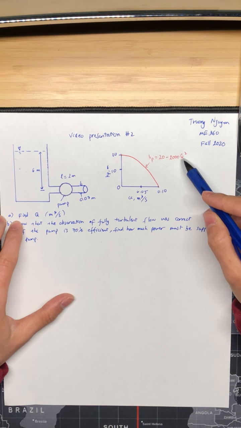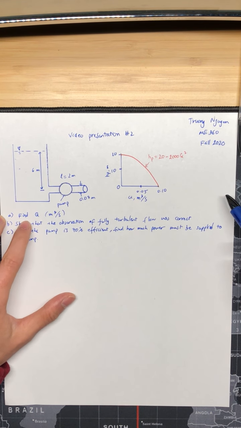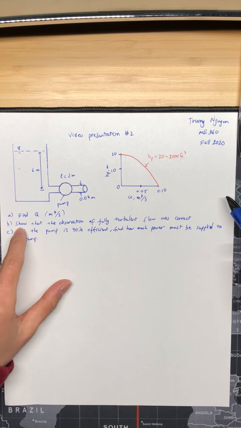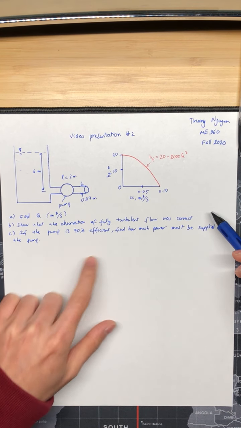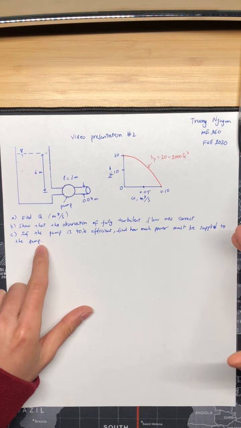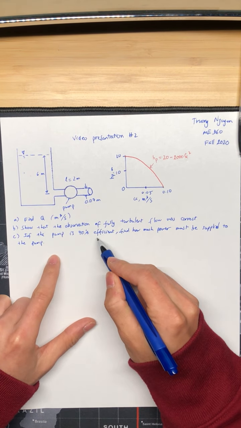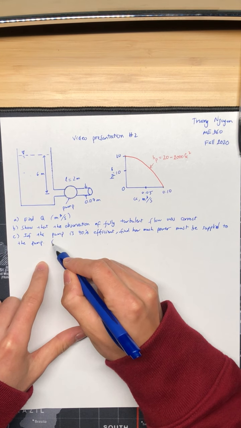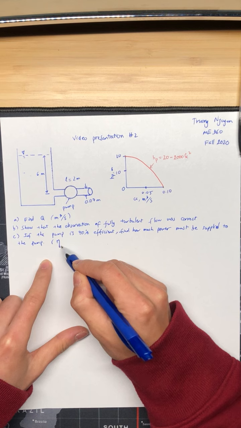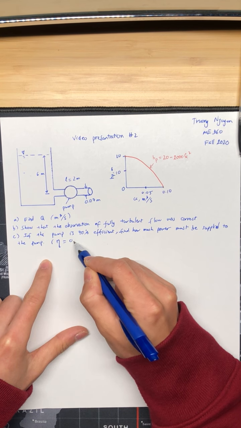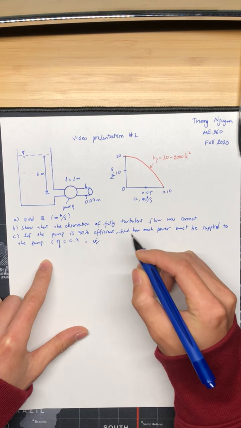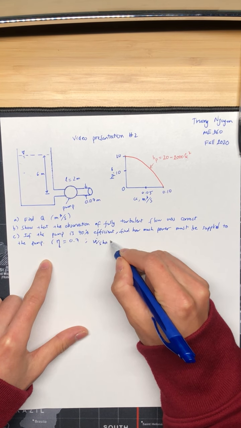So we are asked to find the flow rate and show that the flow is fully turbulent, and also find the power if the efficiency is 70%. This means eta equals 0.7, and we are asked to find W shaft.